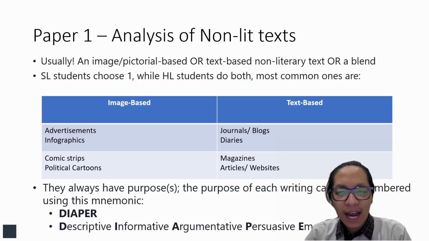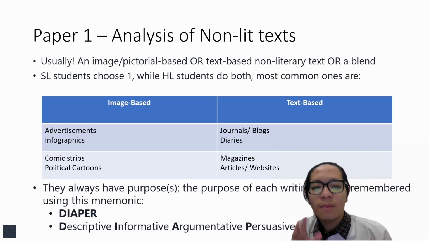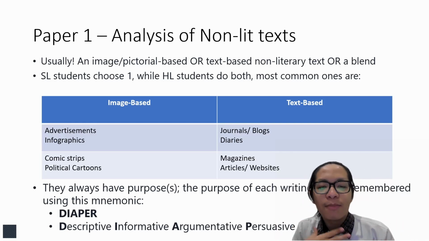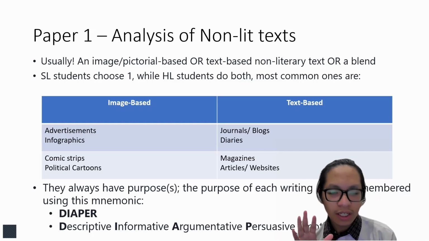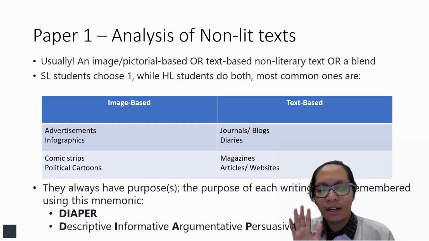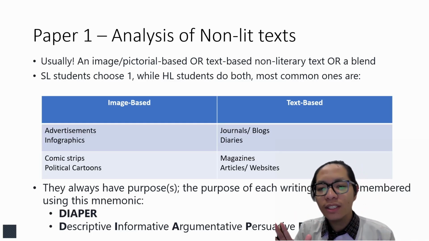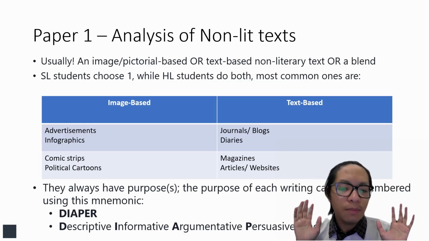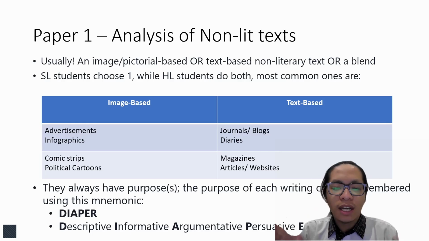So how do we analyze this? Each of them has a purpose, as I mentioned here, and for the purposes I've made this very ingenious mnemonic and it's called DIAPER. For every single text, it's either descriptive, informative, argumentative, persuasive, emotive, or it appeals to your reason.